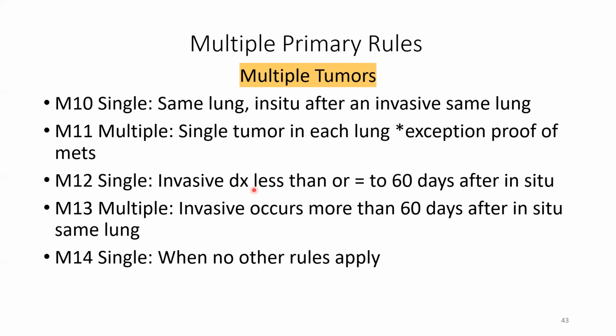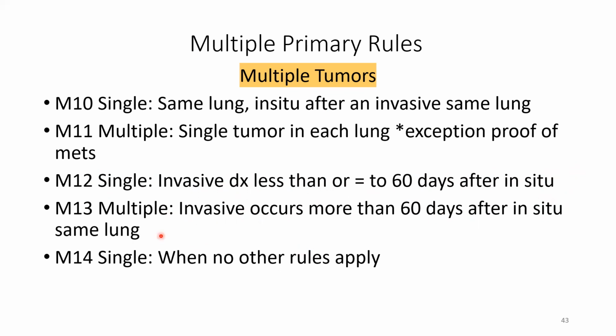Here's the timing rule for if you have an invasive less than or equal to 60 days after in situ. It's a single primary. It's all part of the same thing. If you have invasive after 60 days after the in situ, it's a new primary. You don't want to lose the incidence of the invasive happening after an in situ.